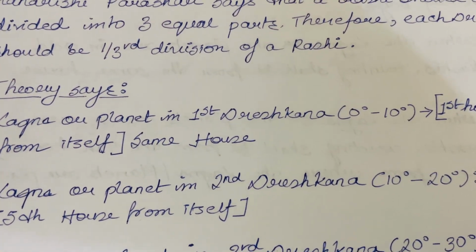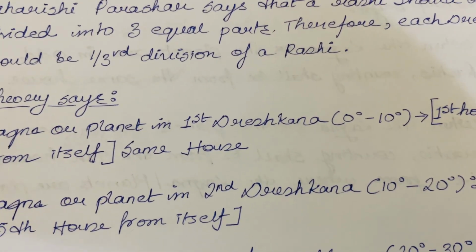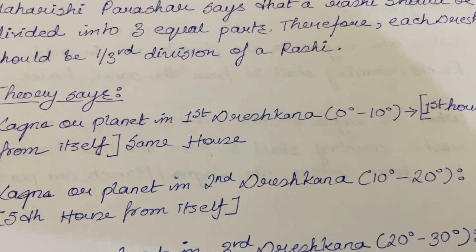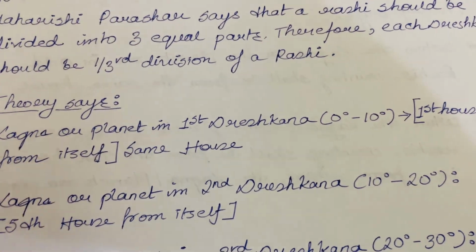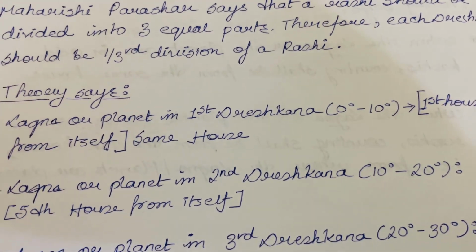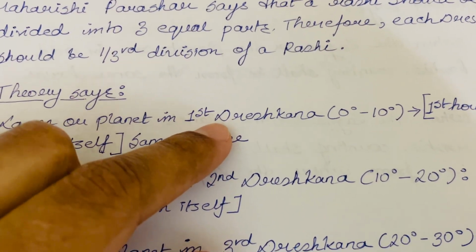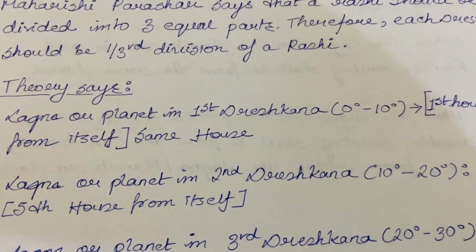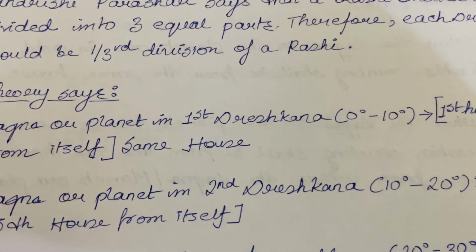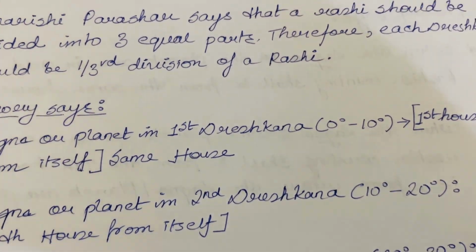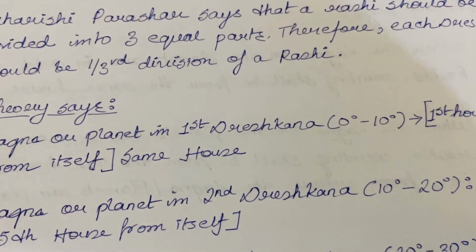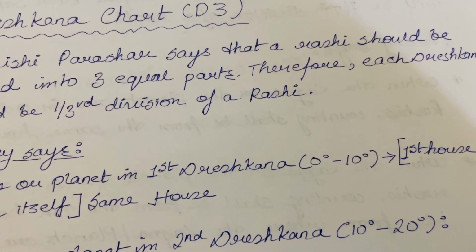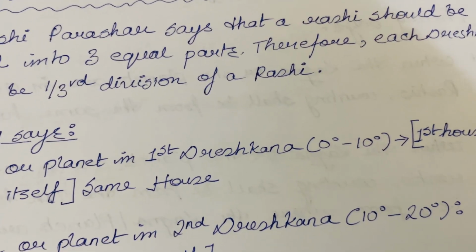If it is exactly at 10 degrees, that is 10 degrees 00 minutes 00 seconds, then it will be in the first Dreshkana. Even if it increases by 1 second, 10 degrees 00 minutes 01 second, 02 seconds, 03 seconds, it means it has crossed 10 degrees.